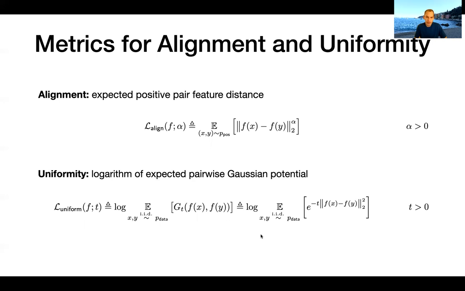And uniformity measures, just on average, how far apart are the embeddings for different images. So when we sample different images from our data set, IID, and we embed them into feature space, we can measure this kind of Gaussian potential, the expected exponentiated distance between those embeddings. And the uniformity measure is minimized when you've mapped to a uniform distribution.